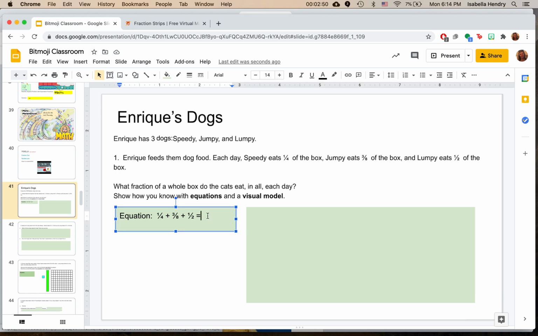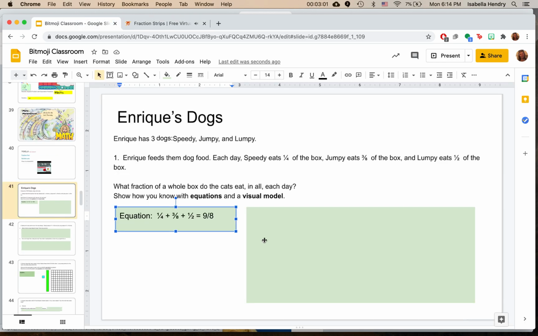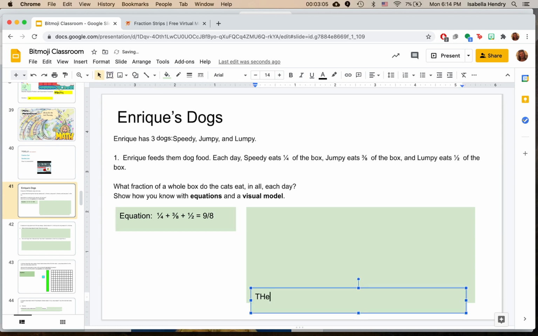So I can say my answer is 9/8. Or I could also write my answer as 1 whole and 1/8 of a box. So I could say they eat 1 whole box and 1/8 of a box.